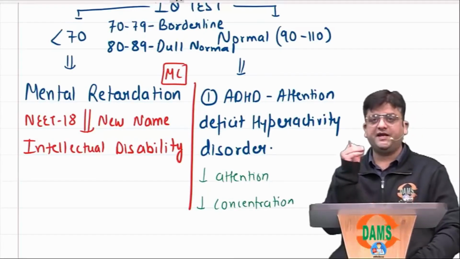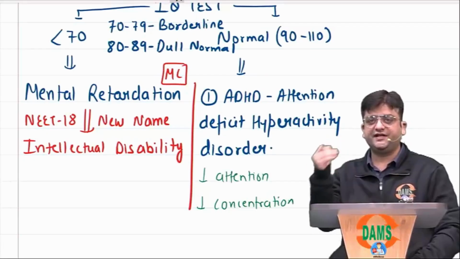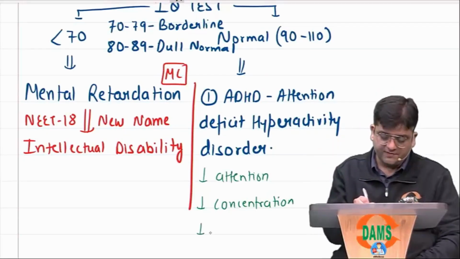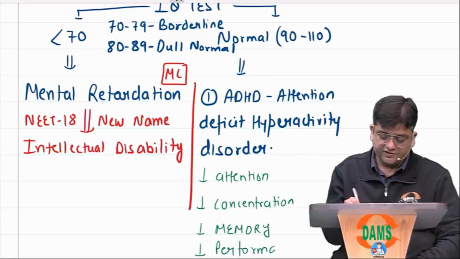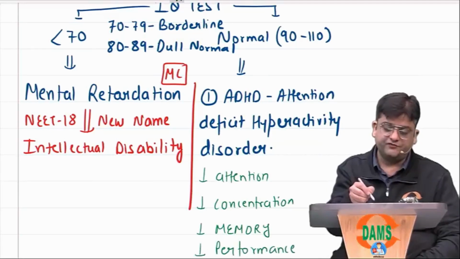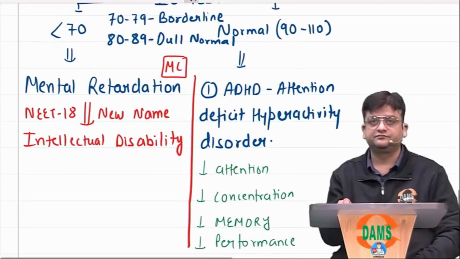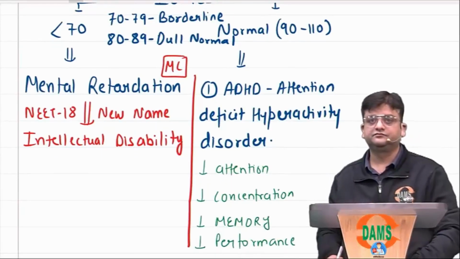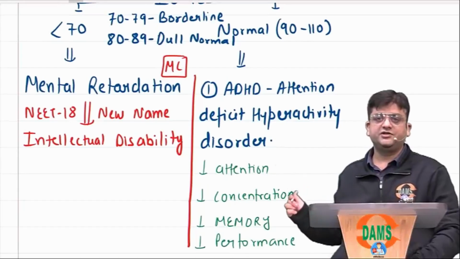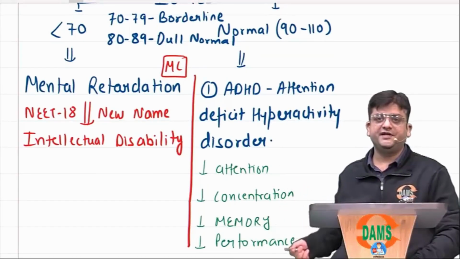If you can't be attentive, you can't concentrate in the class. And if you can't concentrate in the class, you cannot memorize. And if you cannot memorize, obviously you are going to have poor performance. Low attention leads to low concentration, leads to low memory, leads to low performance.